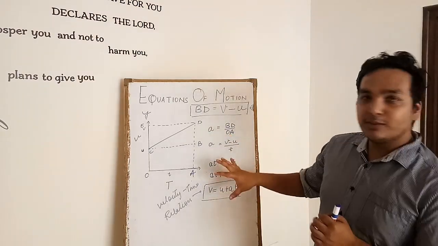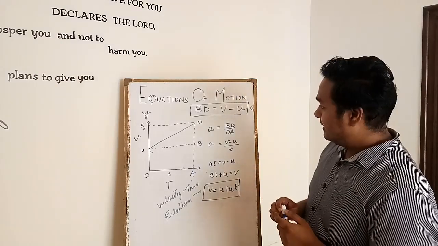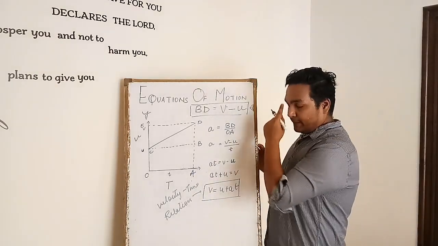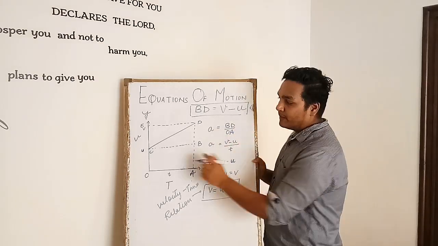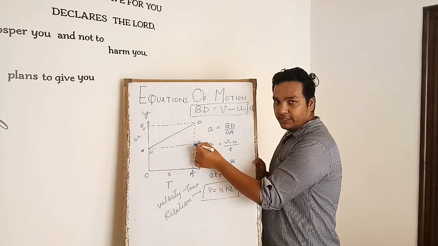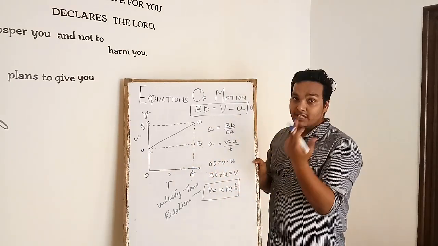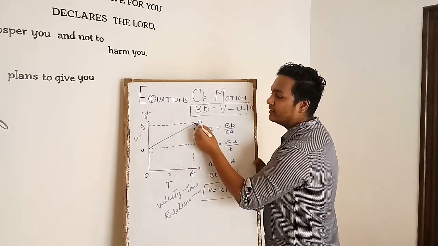I hope you have understood what is over here, or if you want me to explain again, I can. Acceleration is BD upon OA. BD is, initially it was u, and then final velocity is v, at this position.